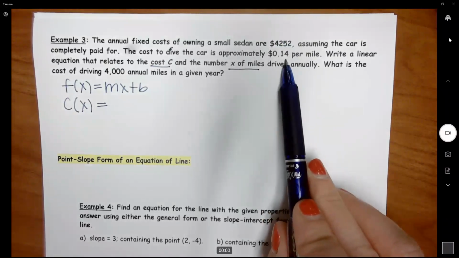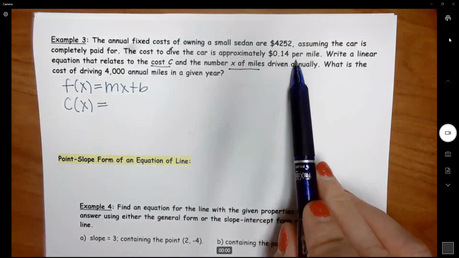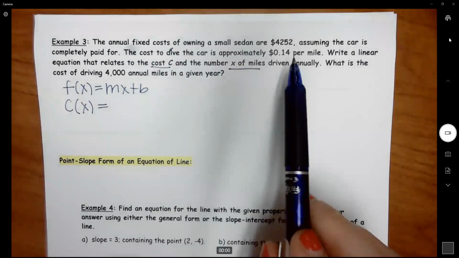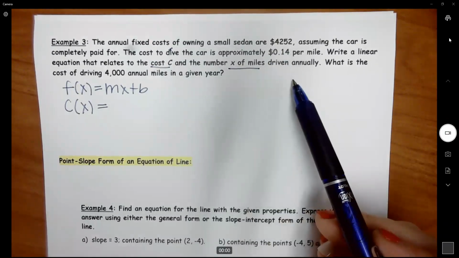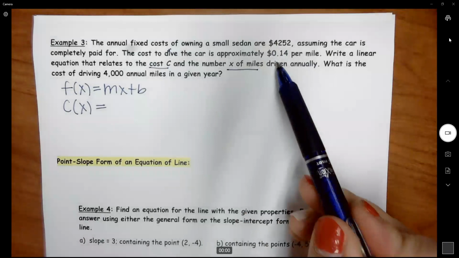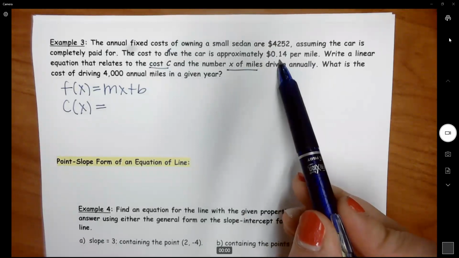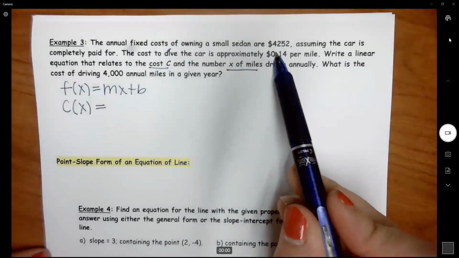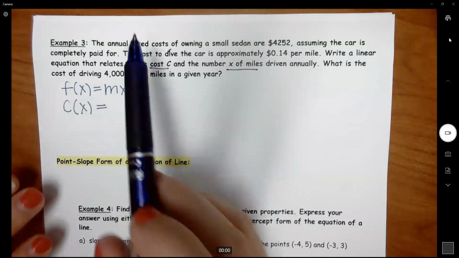And then it costs us about 14 cents per mile. Which one of these is constant and which one of these is going to change depending on what we do? Well, this one's going to change because this one's 14 cents per mile, while this one here is just a fixed cost.